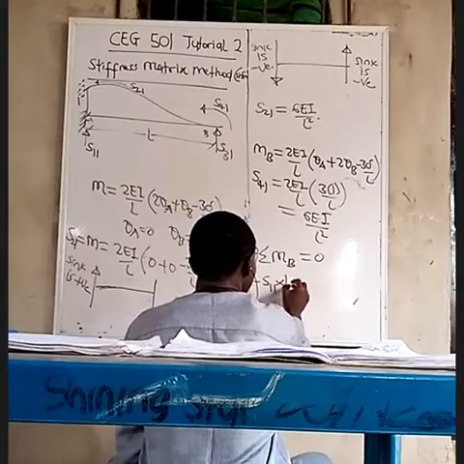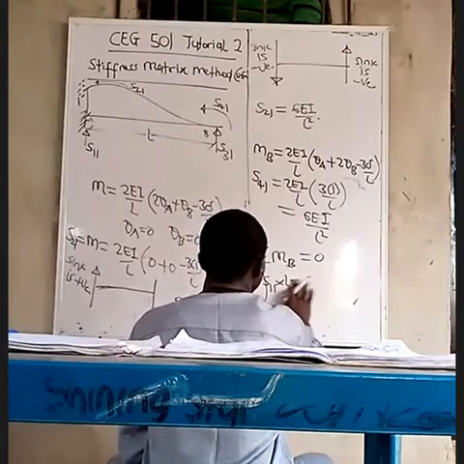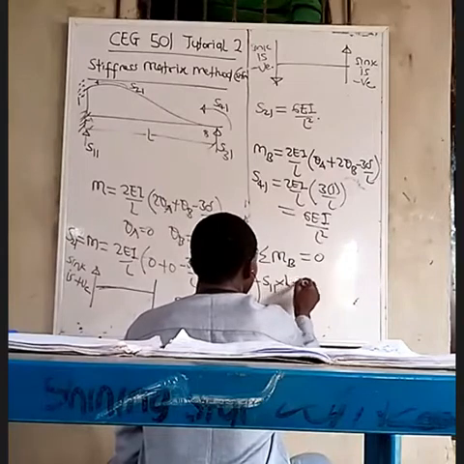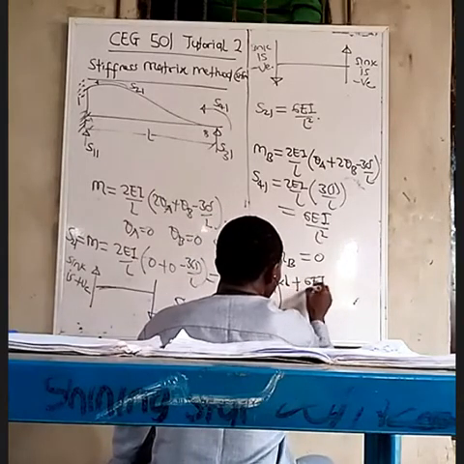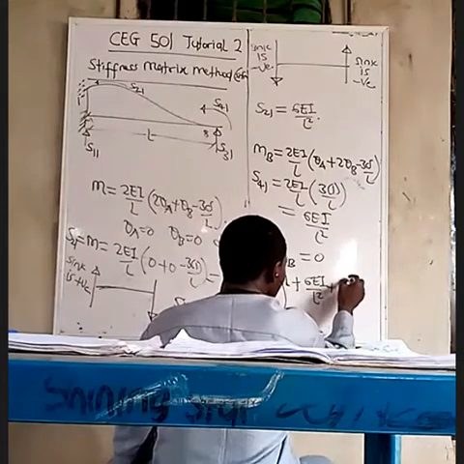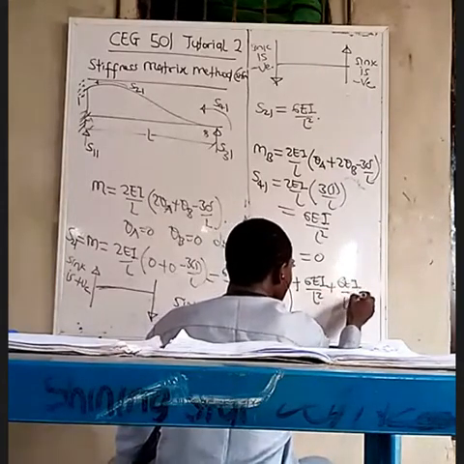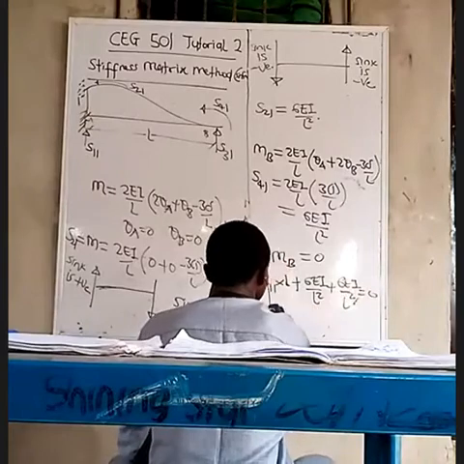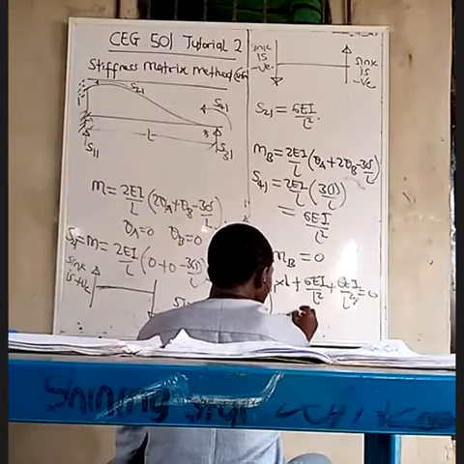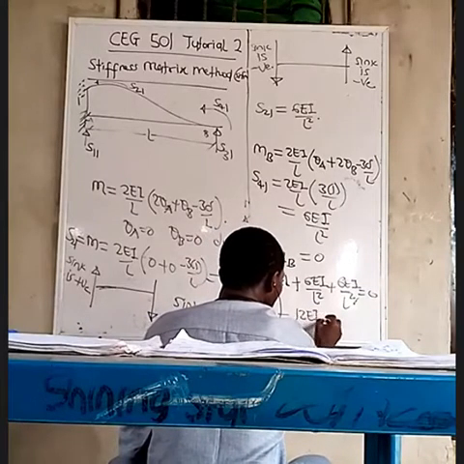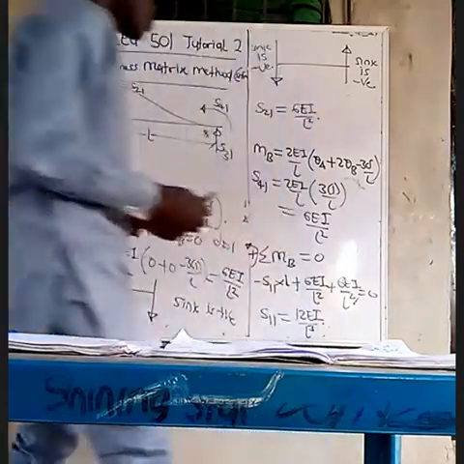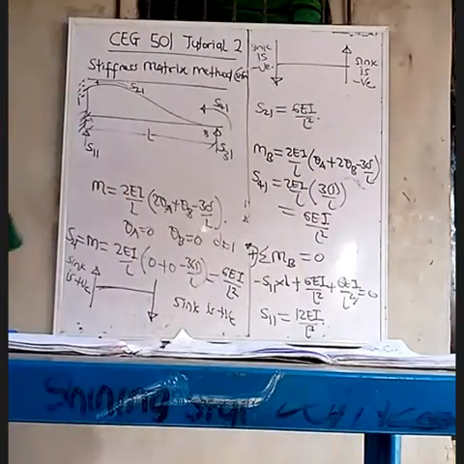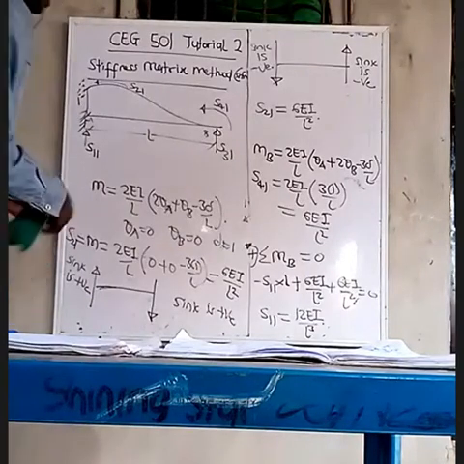So that means minus S11 times L plus S21, which is 6EI over L squared, plus 6EI over L squared is equal to 0. So that means S11 is equal to 12EI over L cubed. I believe that's not so difficult.